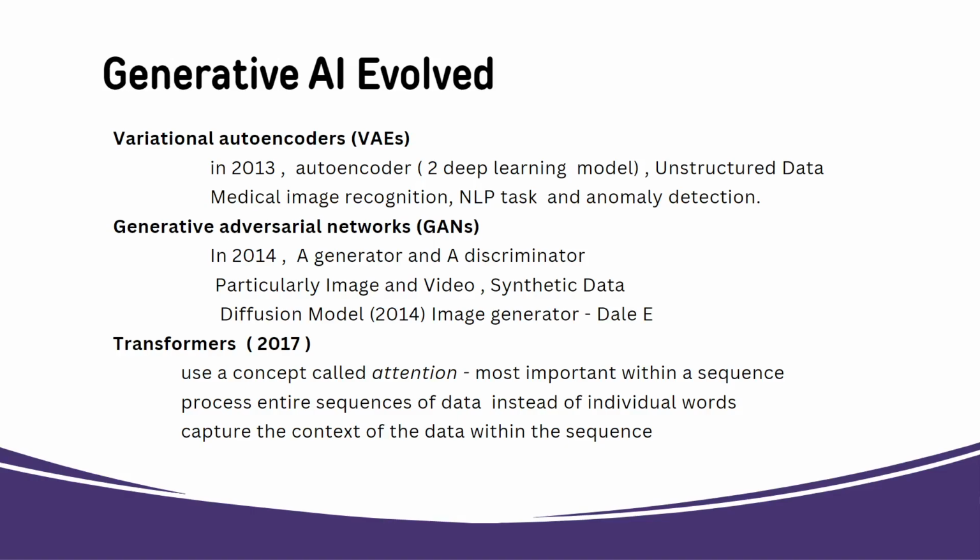And in the same year, there was also the diffusion model, which works for image generation. And in 2017, the transformer. So what does the transformer do, and why did the outbreak start from here?